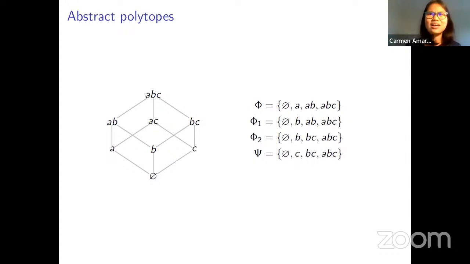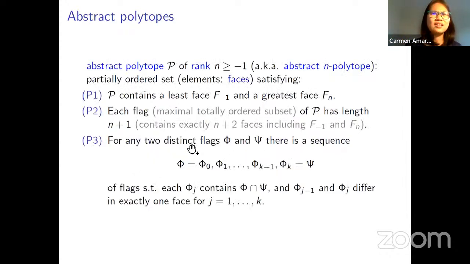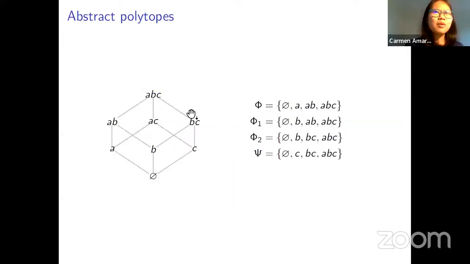Meron tayong sequence of flags which satisfy the definition, which satisfy the condition stated here in P3. Okay? So, anong gusto natin? Gusto natin magawa natin yan for any two flags that we choose inside this diagram. So, that is condition P3.